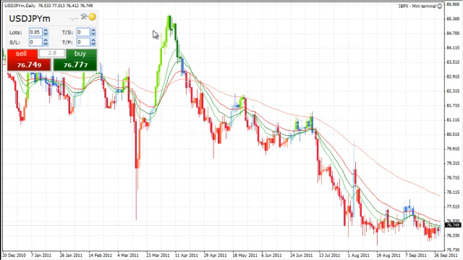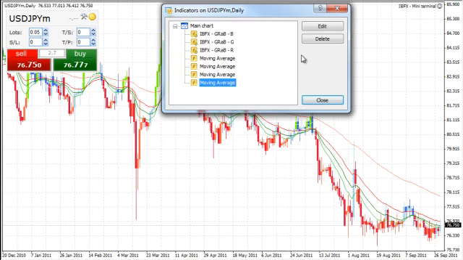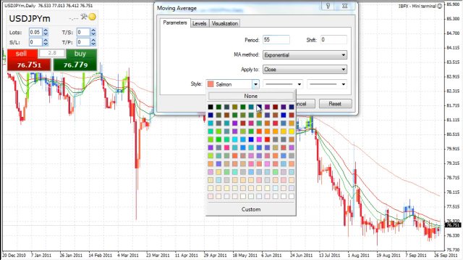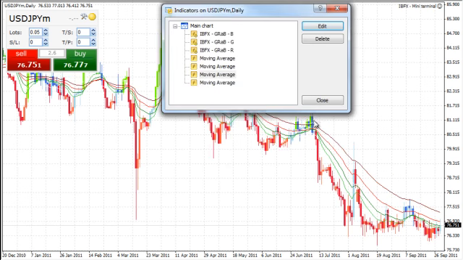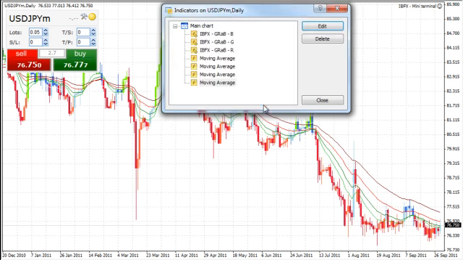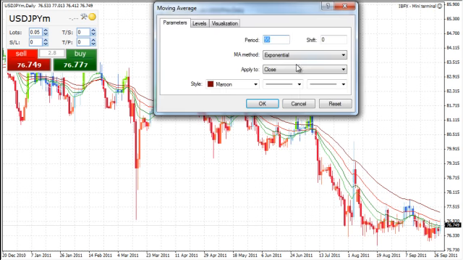And then finally, we're going to have a 55 period exponential on the close, and that one's going to be this maroon color. So essentially what I've done, and take a look, we'll go back in: 13 period exponential close in lime green, 21 period exponential close in green, 34 exponential in red, and 55 in maroon.